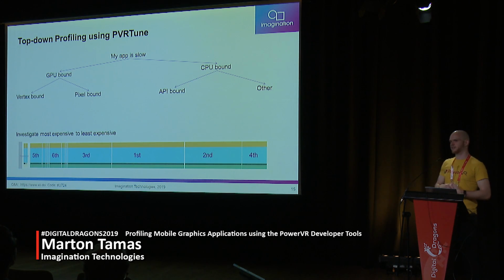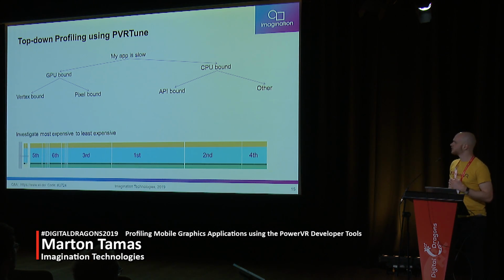Profiling can be done in many ways, and I'm sure you've seen a couple of them already. But due to the complexity of mobile games and SoCs, we need to identify issues in a top-down fashion. So we always start with, my app is slow, or maybe I'm not reaching the 60 FPS goal that I set out, or maybe you just want to improve your power efficiency and your thermals because your users were complaining.